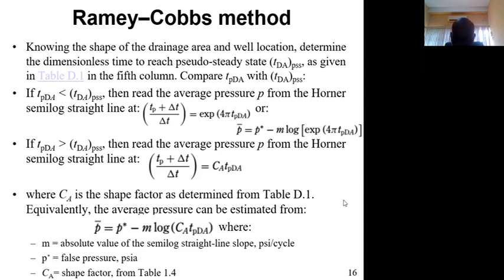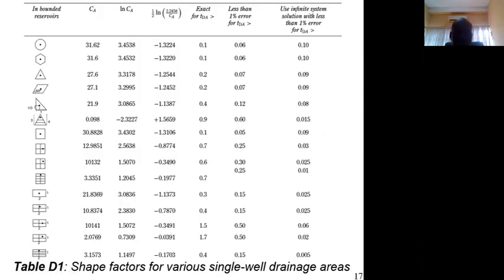And I would like us to take a look, so this is table D1. Table D1 shows shape factors for various single well drainage areas. These are the conventional, that is regular, drainage areas. This is a well centrally placed in a circular drainage area, and in a hexagon.